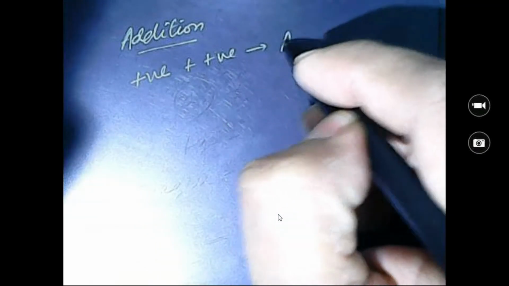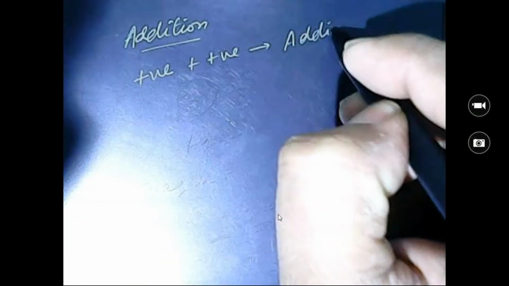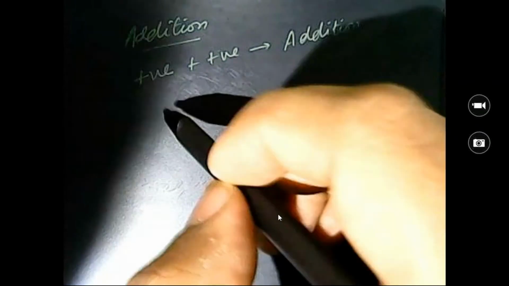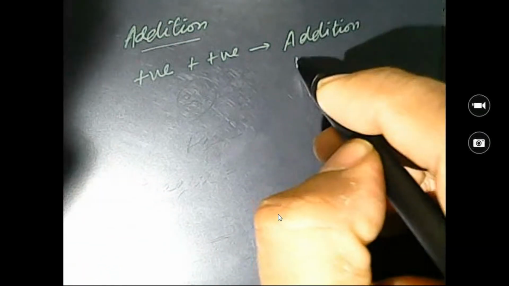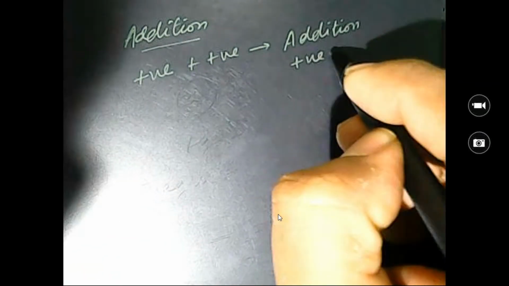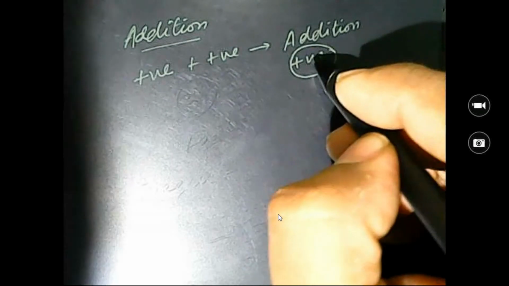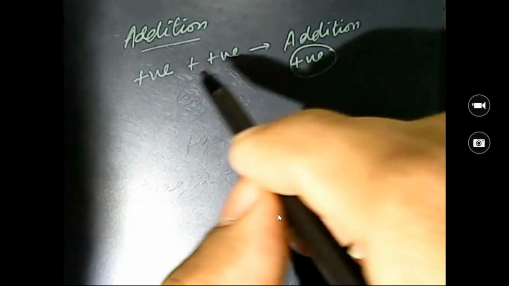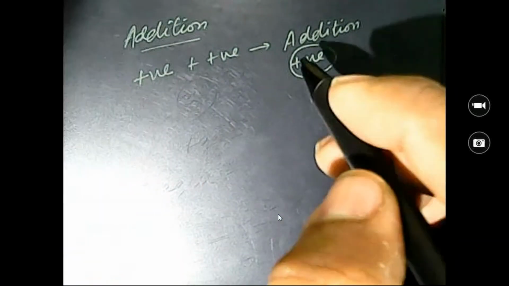If we are going to add two numbers, that means a positive number is added to a positive number, the result will be addition, and the sign of the result will be positive. That means it will take the sign of the greater number.